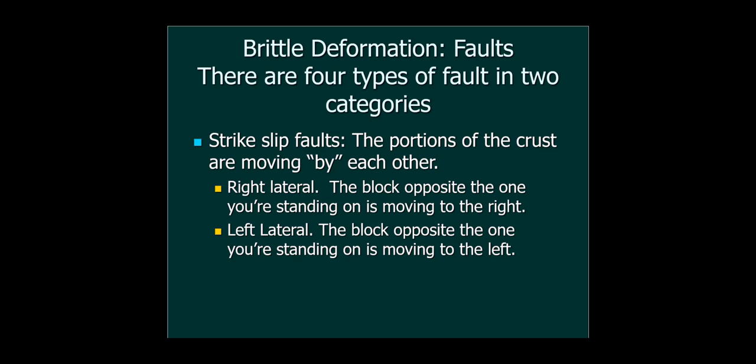This terminology strike, and later on some terminology dip, will make sense by the end. For now, let's just black box it a little bit. Strike-slip faults are faults where portions of the Earth's crust are moving past each other.